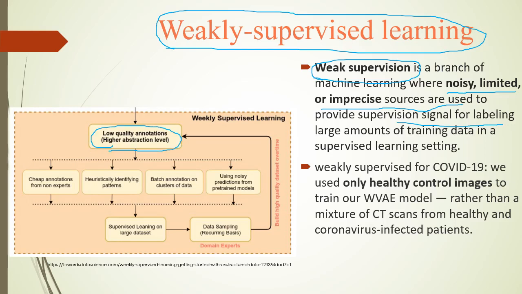There are several common causes, like cheap annotation from non-experts, or heuristically identified patterns. Also, there are cases like batch annotation on a cluster of the data, or using noisy predictions from pre-trained models. In our slide, we only use the healthy control images. That means we do not have any COVID-19 patient images to train our model.